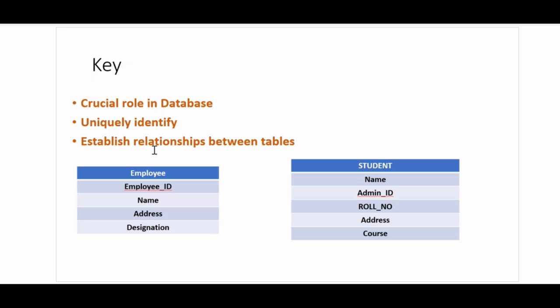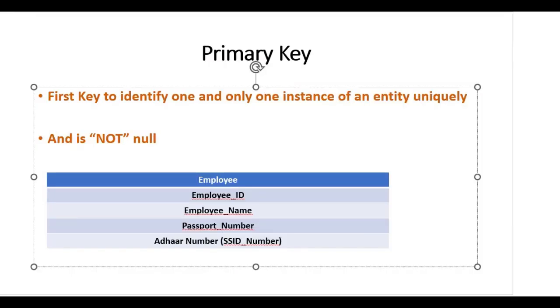Similarly, in the student table, we have the name of the student, the admin ID, the roll number, the address, and the course. All of these can fall into any of those primary key, candidate key, or foreign key, depending on the criteria. So let's discuss the primary key.